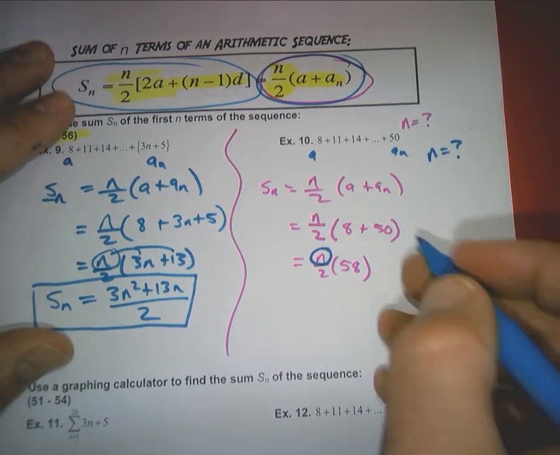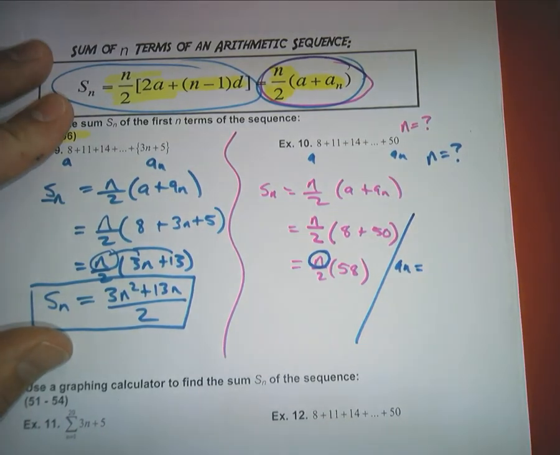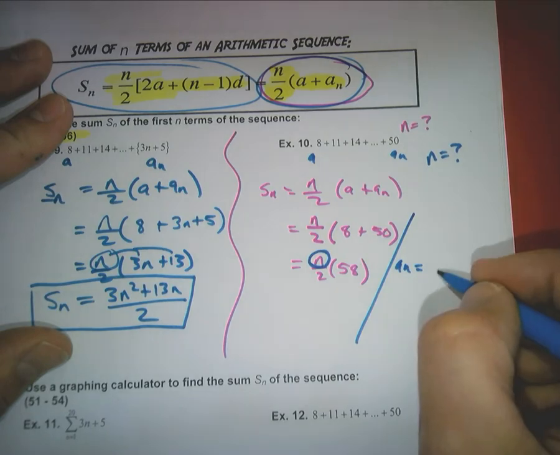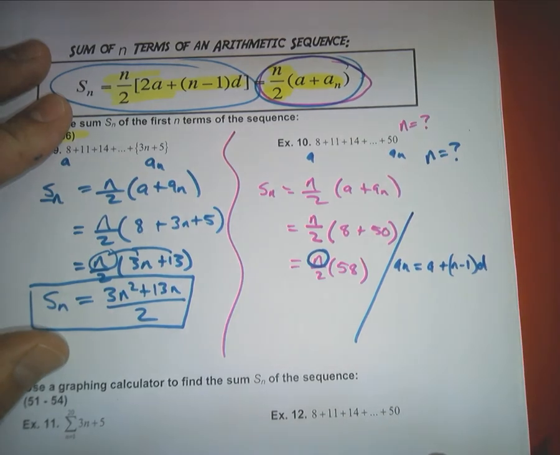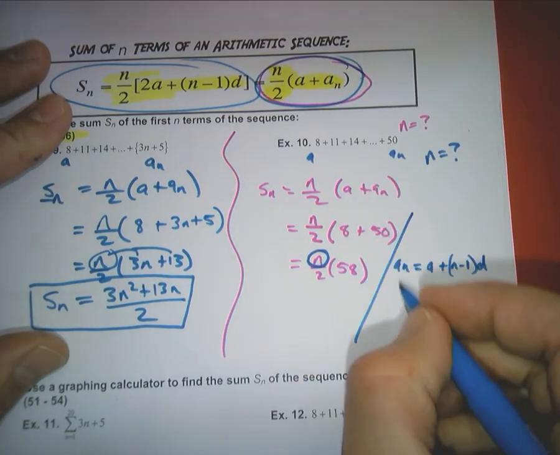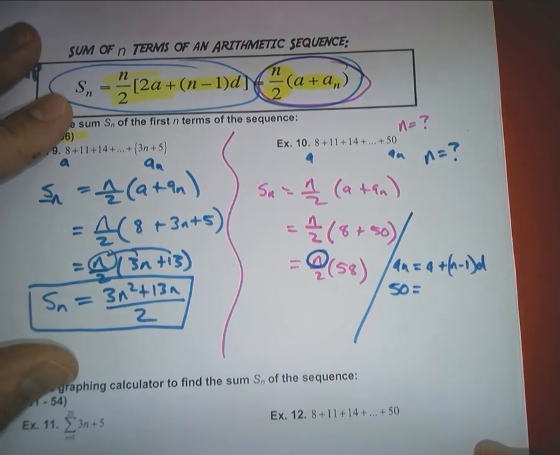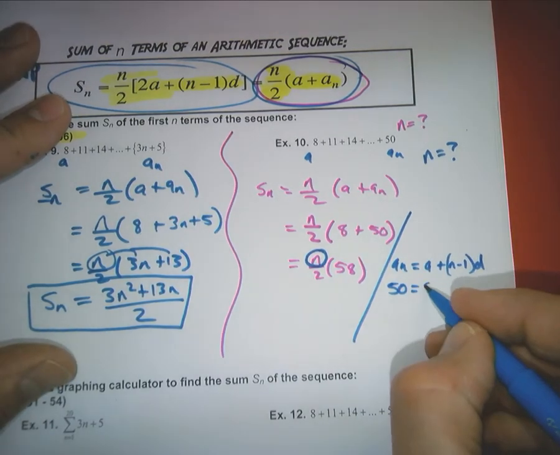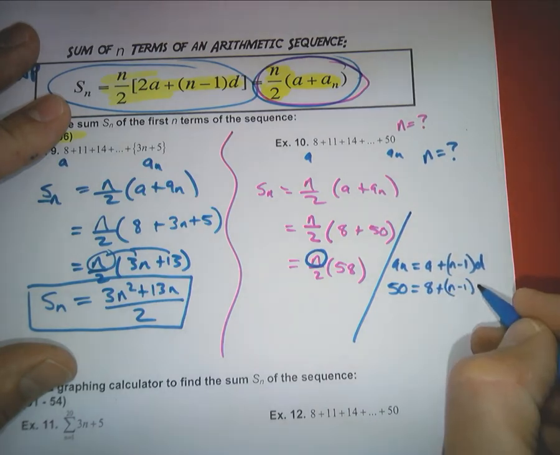Or a better idea is use your a sub n formula. So use a sub n equals a plus n minus 1 times d. Well, that's our 50. We just don't know what term that is. a is 8, and we're trying to find n. We know d, or common difference, is 3.